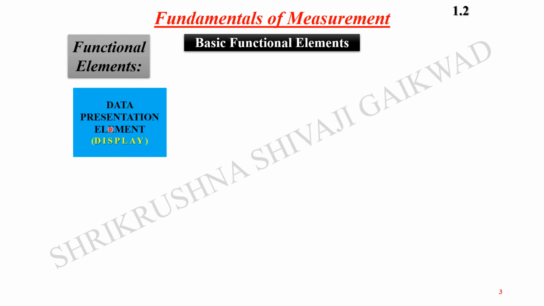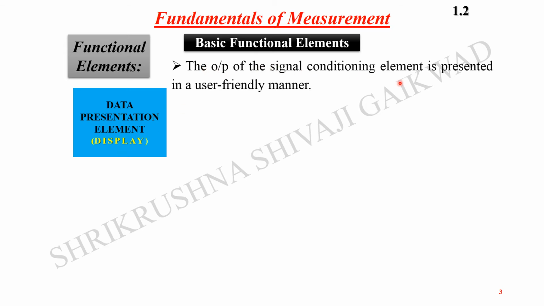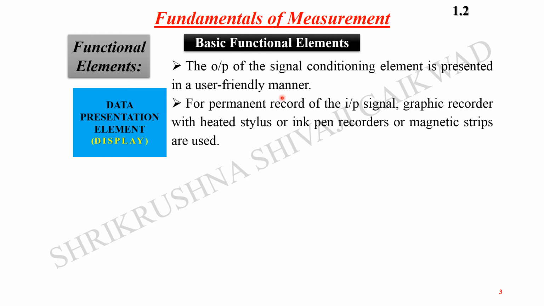Then the next element is the data presentation element, which we also know as displays. The output of the signal conditioning element is presented in a user friendly manner. User friendly in the sense that it has to be easily readable by the personnel using it, or the operator.